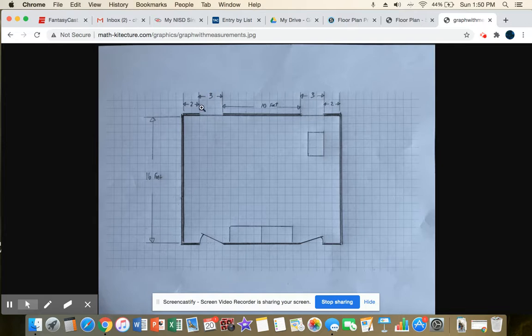It shows me this is a 3-foot wide window. And then there's a 10-foot gap of wall with a 3-foot wide window with another 2 feet to the corner. All right. And then I would even add one more dimension up here that states the overall length of this room. And you need to add dimensions for all the walls, doorways, closets, furniture.